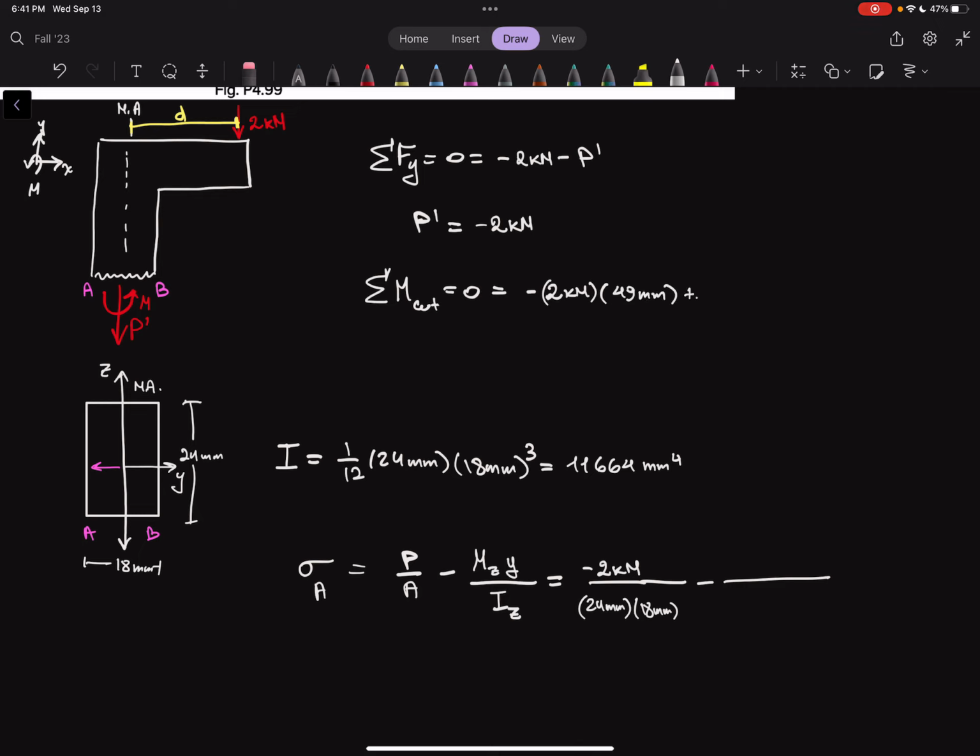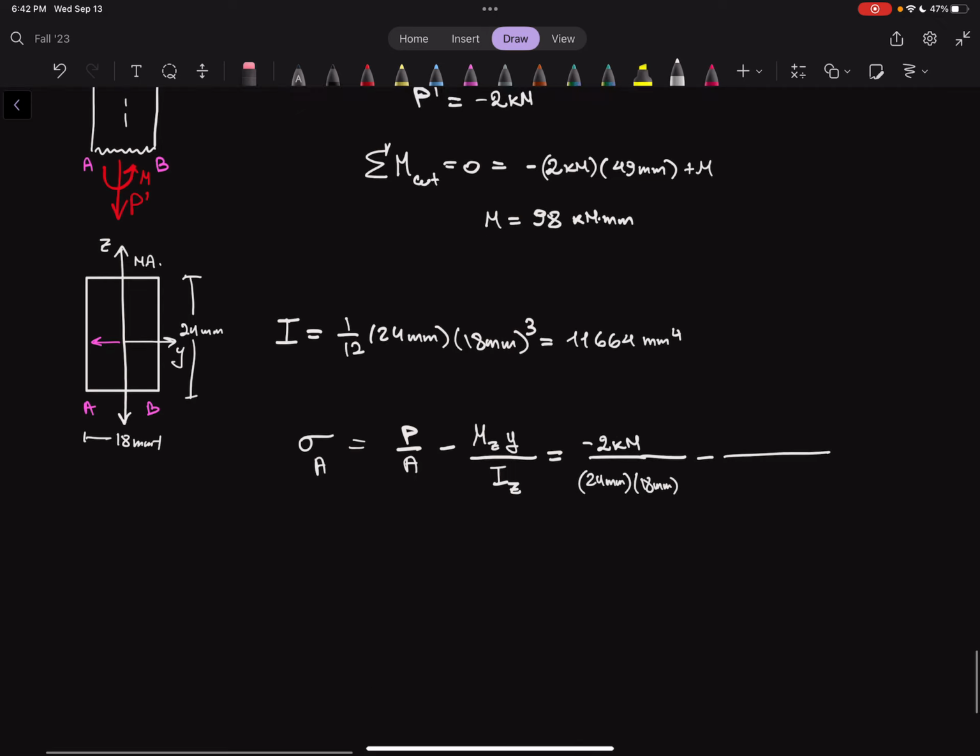And then I have another moment that's in the other direction. So that's in the positive direction, so that's equal to 0. So my moment is equal to 98 kilonewtons times millimeters.